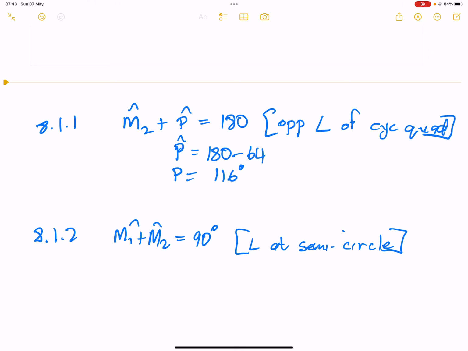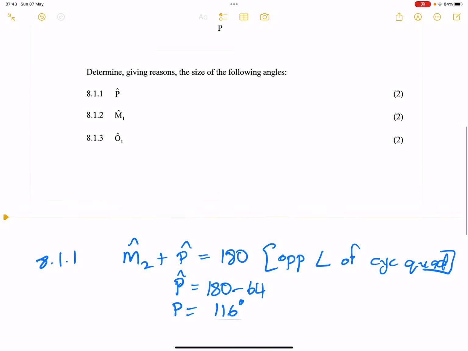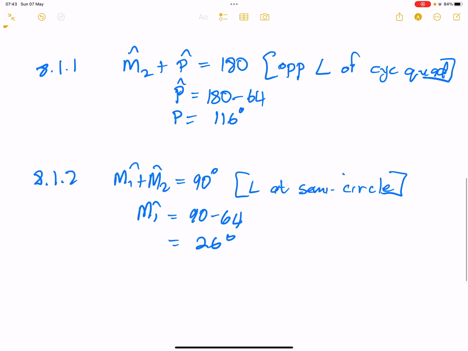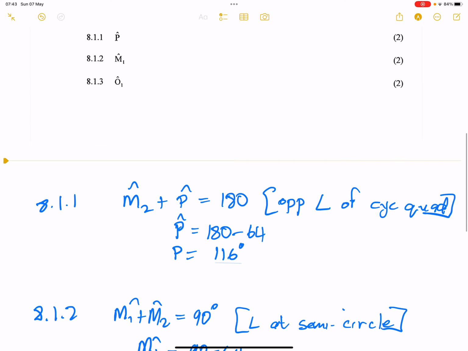We already know the value of M2 to be 64, so M1 will be 90 minus 64, and we found that to be 26 degrees.